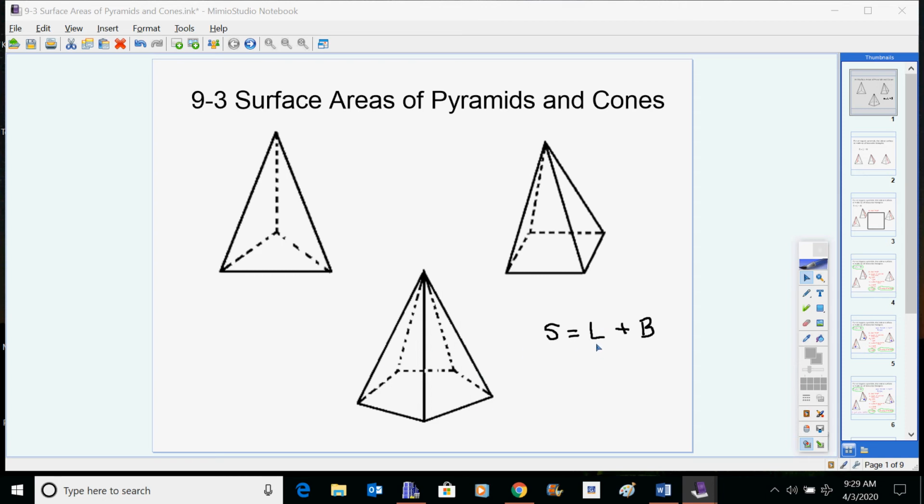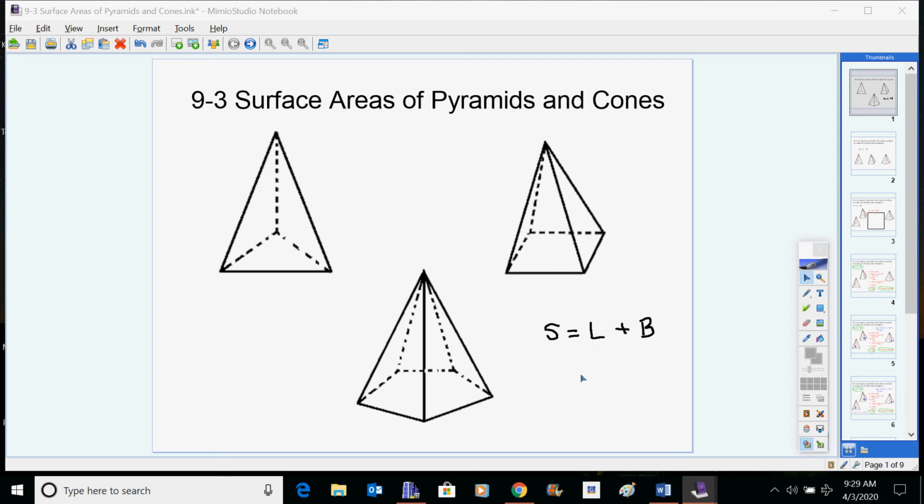Notice I have a formula here that we need to pick apart: S equals L plus B. L is the lateral surface area, and B is the base. The bases are the bottoms, the ones that will be their unique shapes. It might be a triangle, a quad, a square, or a regular pentagon, hexagon, heptagon, octagon, and so on.